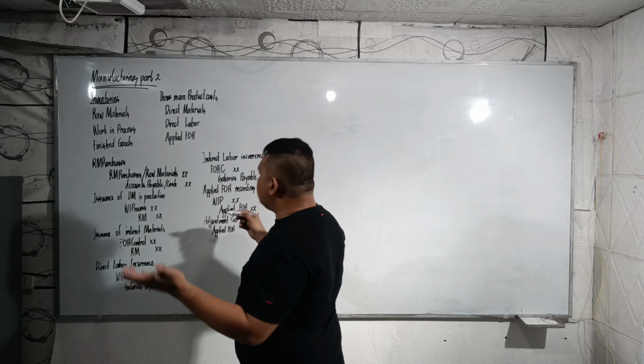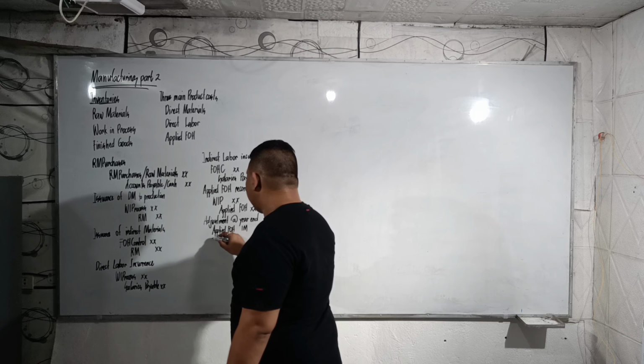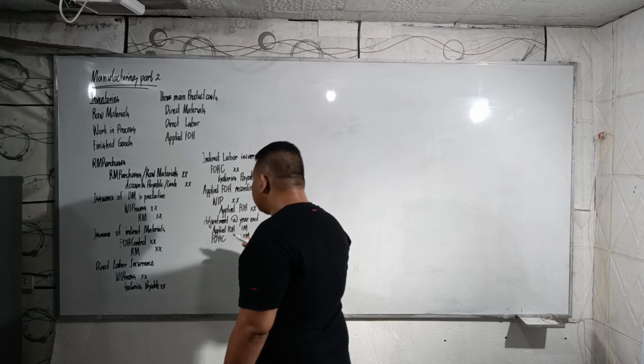Let's make other amounts. We have 1 million, and then the factory overhead control, or the actual factory overhead, is 1.2 million. So what will be the adjustment for that one?